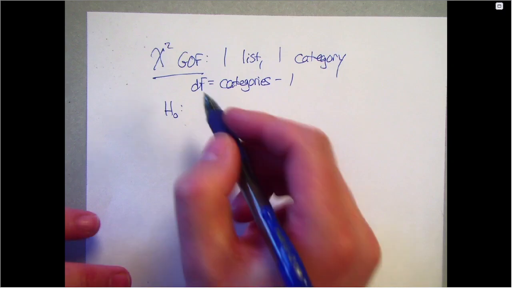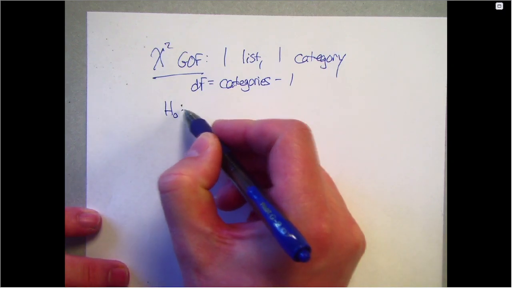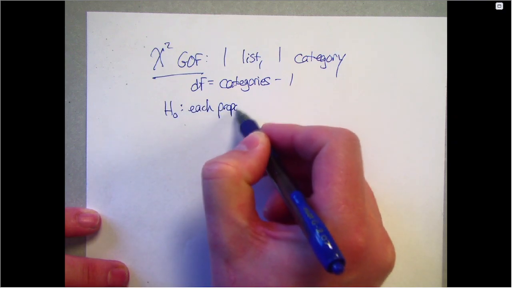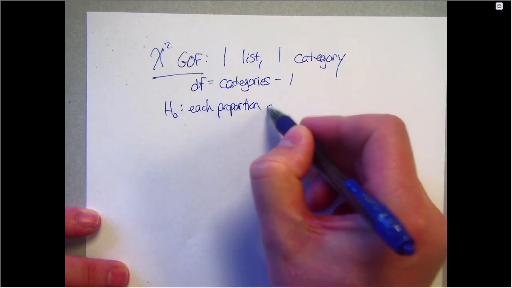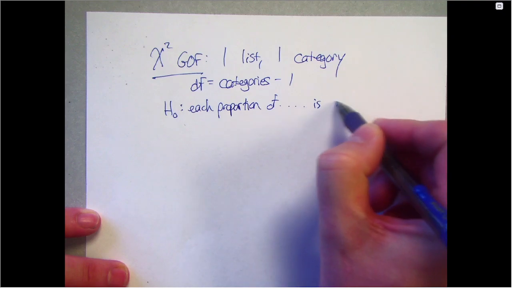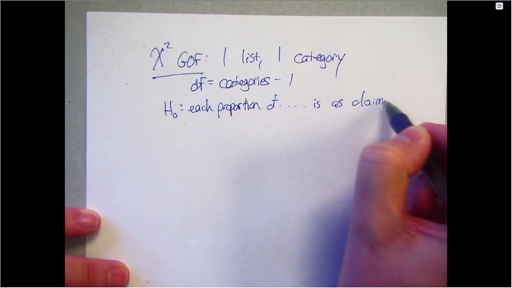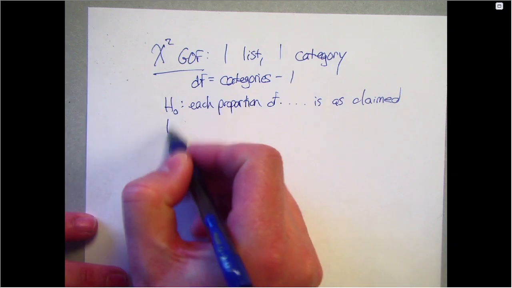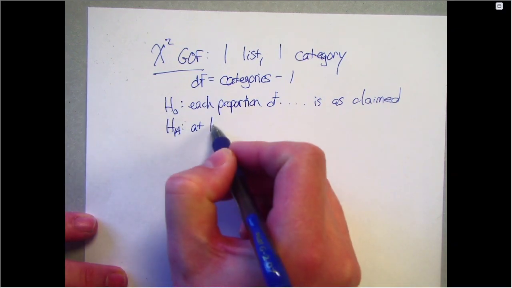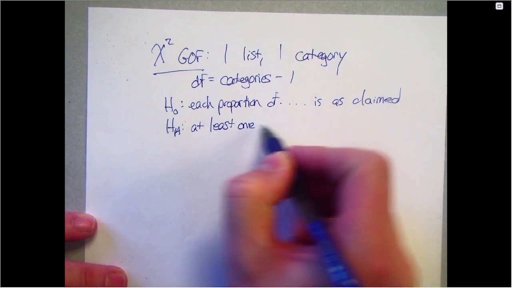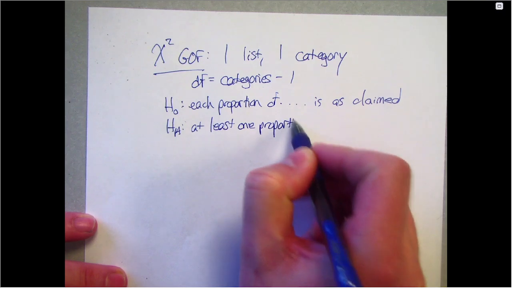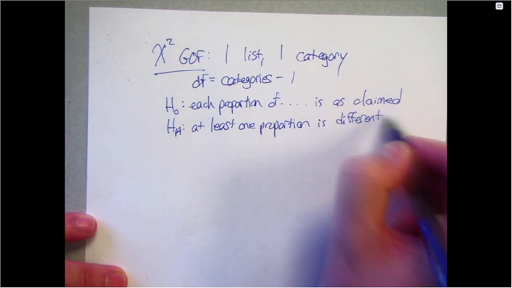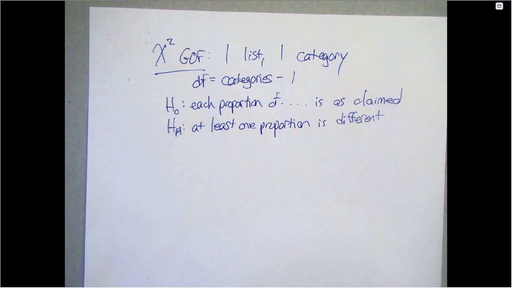So H0 would be, I think we worded it a little different on the template, but something like each proportion of blah, blah, blah is as claimed. And then HA would be at least one proportion is different.